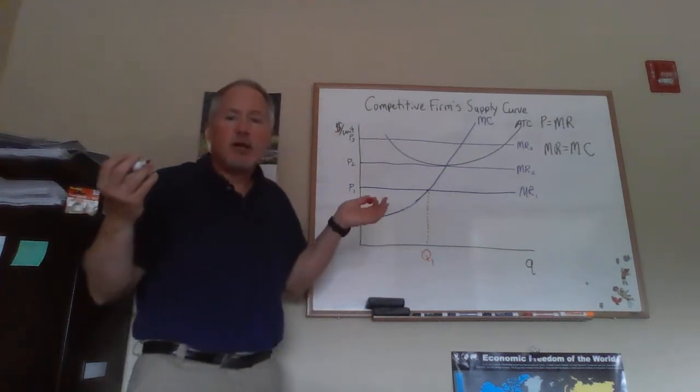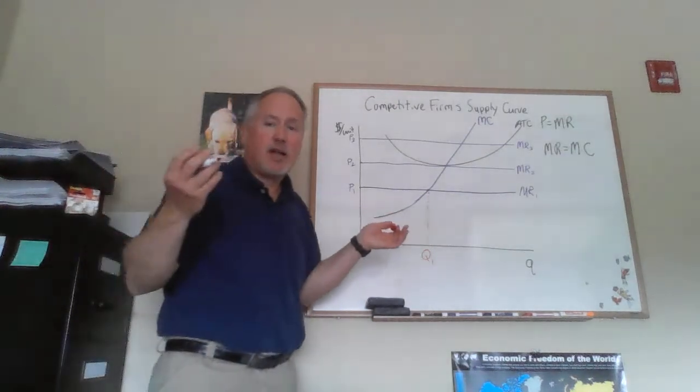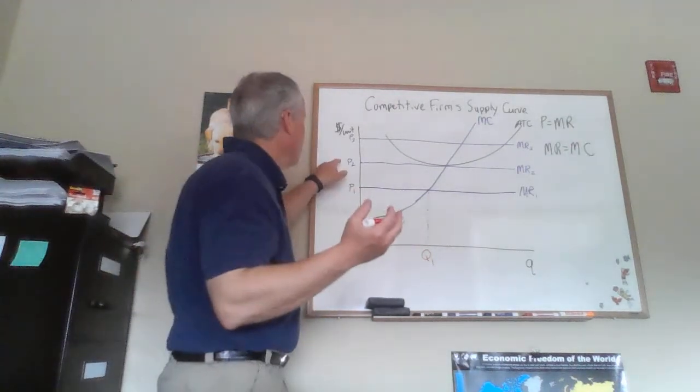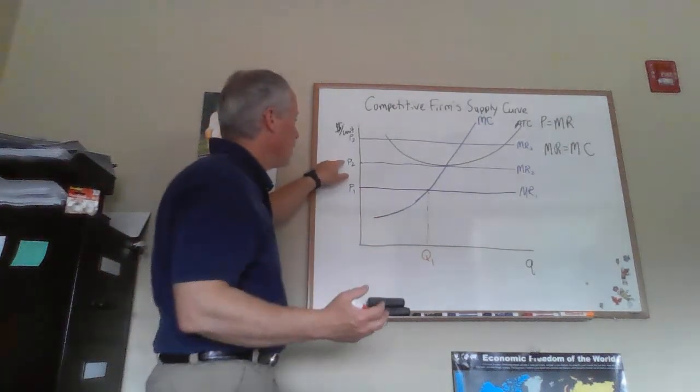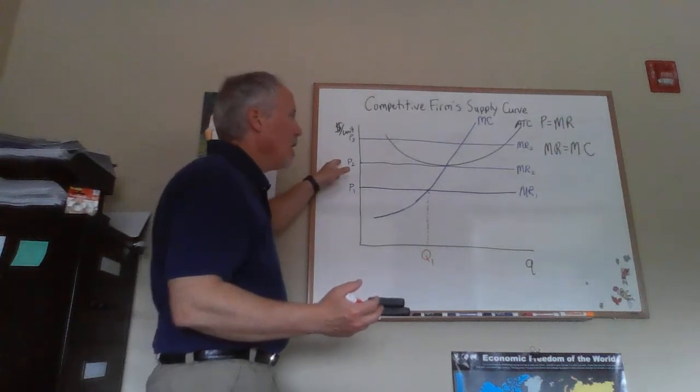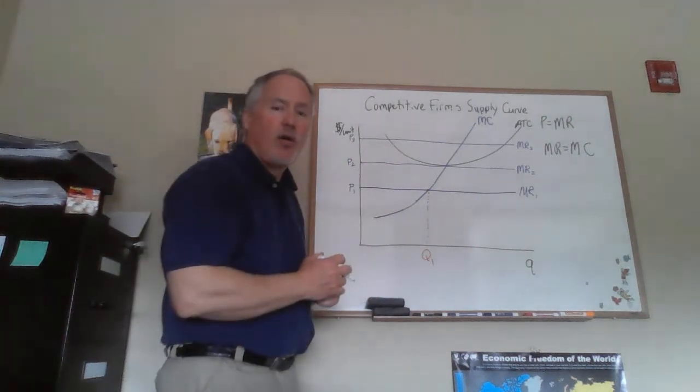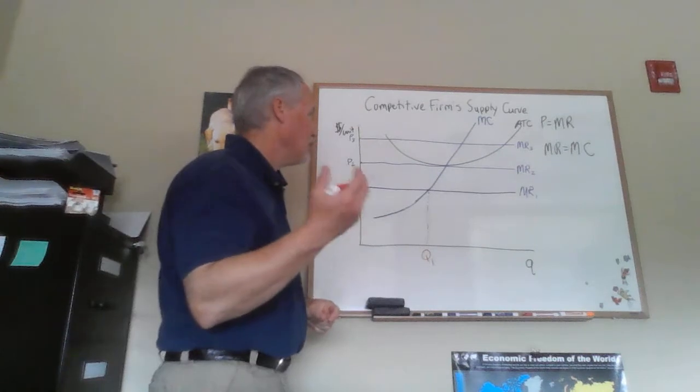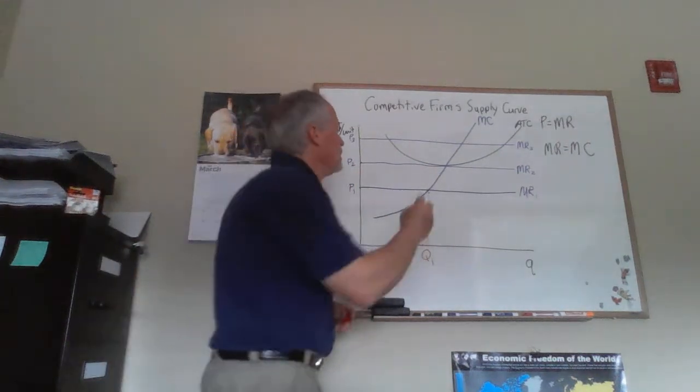I just picked the price P1 at random. We could set a different price in here. Suppose the price in the market was P2 instead, and I've already drawn in a horizontal marginal revenue curve at that price.